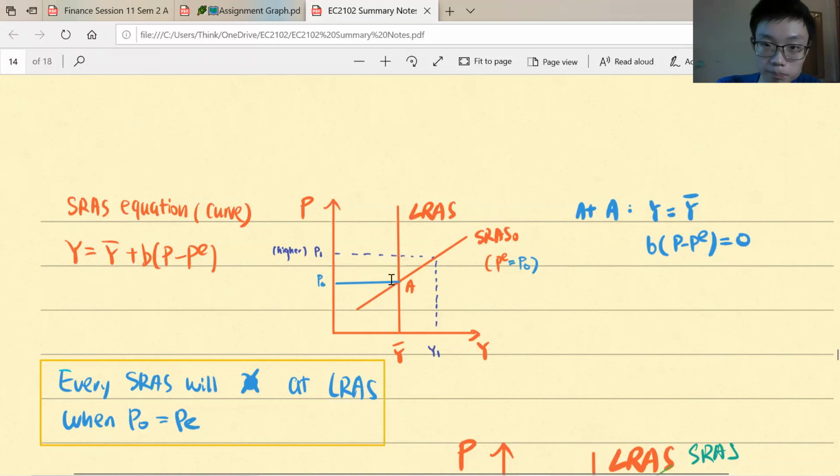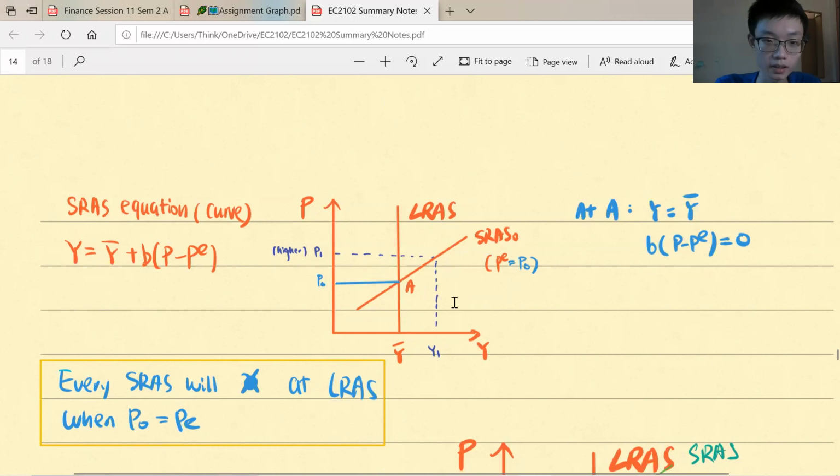So imagine the expected price will be here, and the actual price, P, might be P1, might be here. It's really the equation: it means this level, and it moves a little bit to the right, a little bit to the left, and that is the SRAS curve.